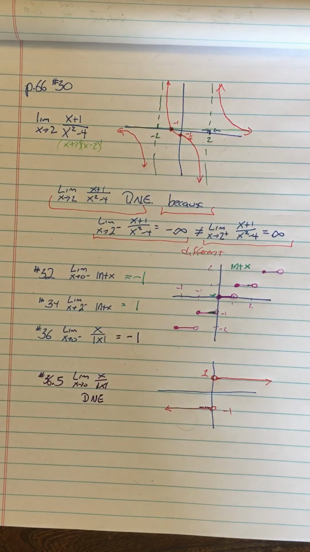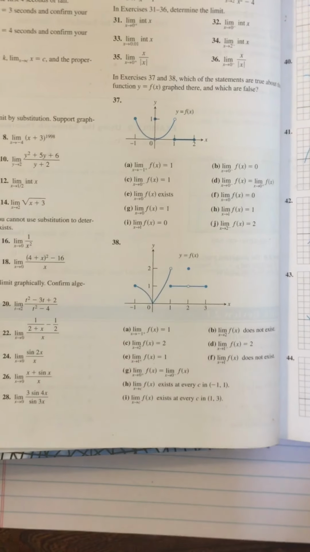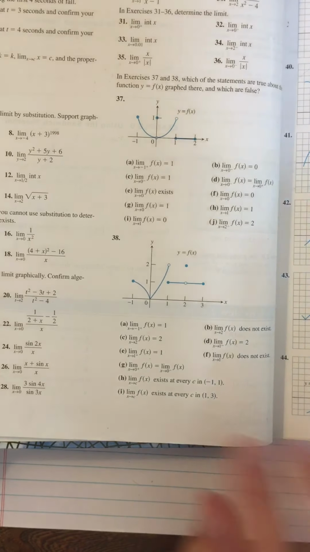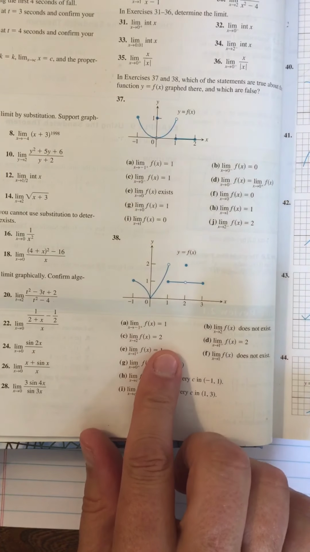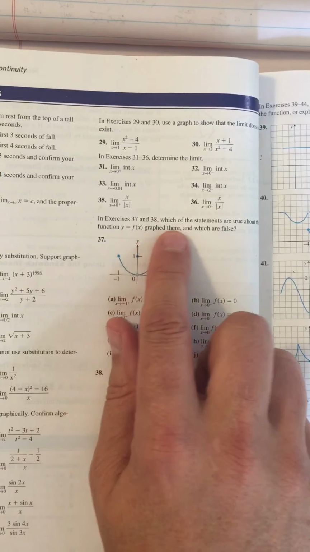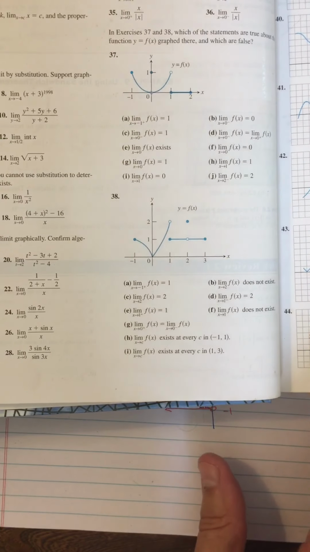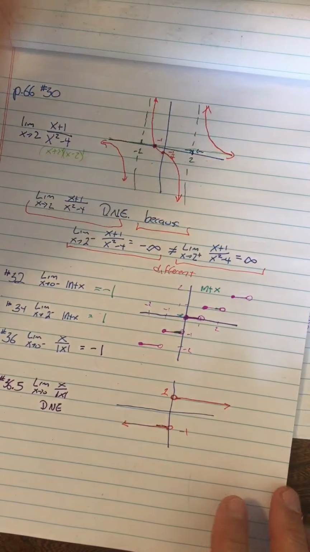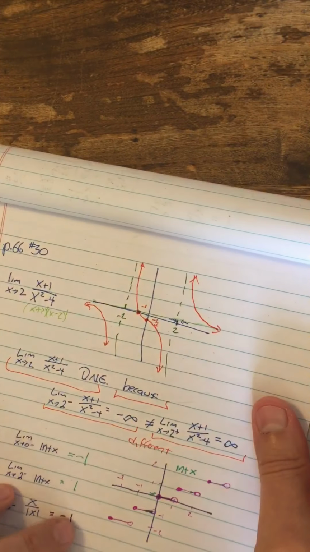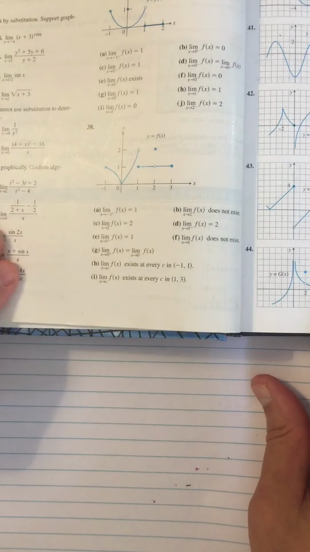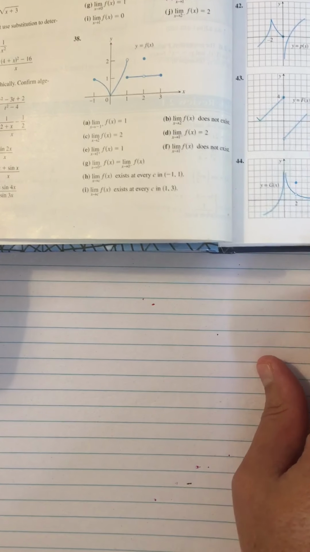Okay, let's see. I guess we've got time to pop into number 38 here. In 38, you have a bunch of true or false questions. These are, which are true and which are false. Some of them you have to just say true or false for, but I want to get a little bit better than that to the extent possible and show some justification.